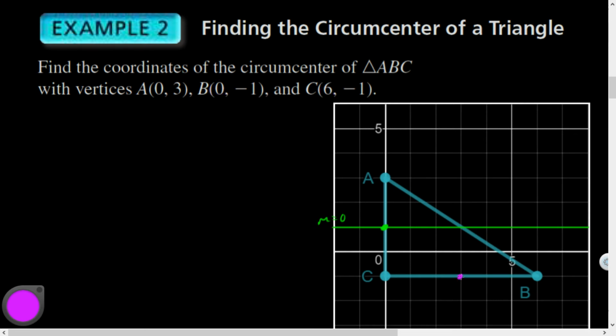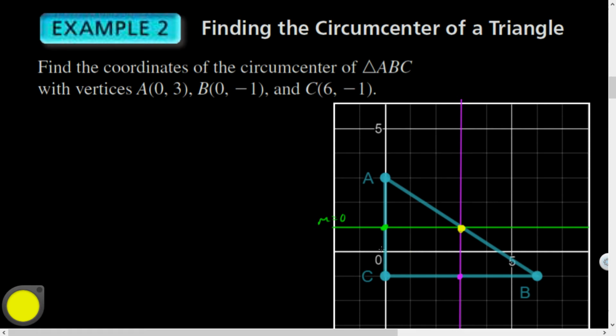Here's the midpoint. BC is a horizontal line. It has a slope of 0. A perpendicular line to a horizontal line is going to be vertical and have an undefined slope, and is going to look like that. And the point of concurrency between these happens to be right here, which is also the midpoint of the hypotenuse.